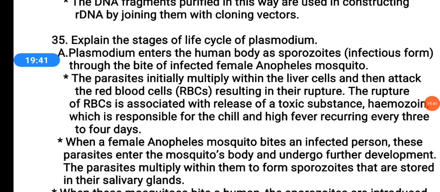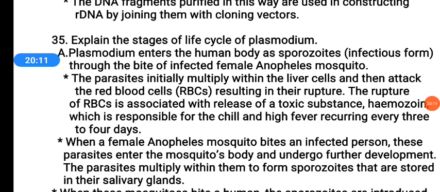When the sporozoite enters a healthy human body through the bite of a female Anopheles mosquito, it first attacks the liver cells, then enters the RBCs. The RBCs release a toxic substance called hemozoin, which is responsible for the chills and high fever recurring every 3 or 4 days.